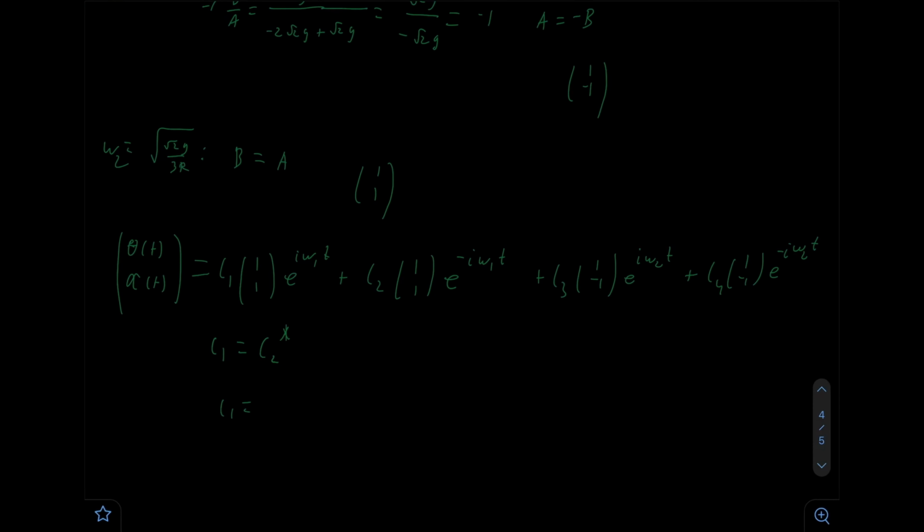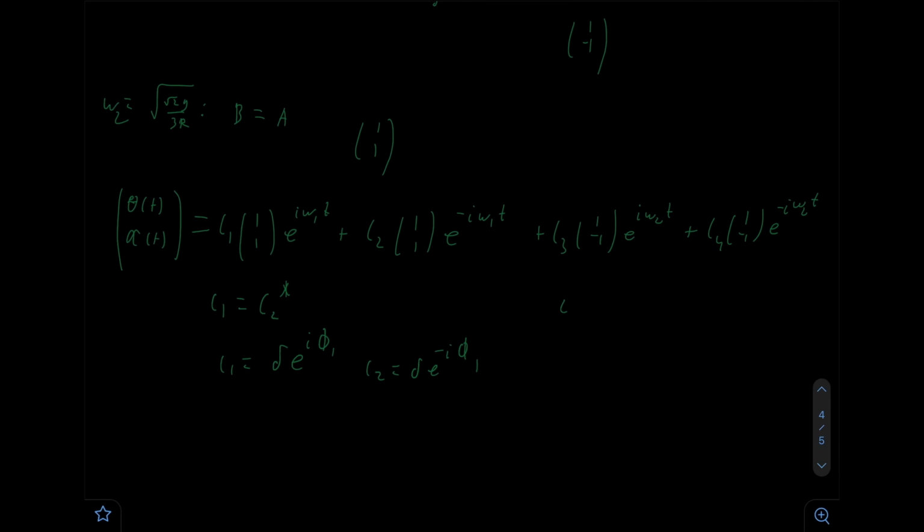So if C1 is equal to, let's give it, what letter do we want? Delta. Yeah. Delta times e to the I phi 1. Then that means that C2 is equal to delta times e to the negative I phi 1. And similarly, C3 is equal to C4 conjugate. So we'll have C3 is equal to epsilon e to the I phi 2, where these phi's are just arbitrary phase constants.